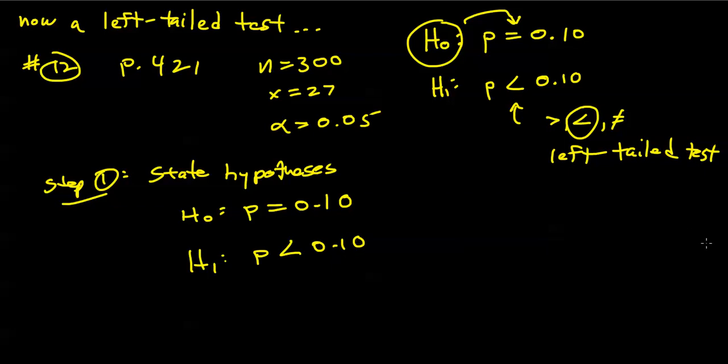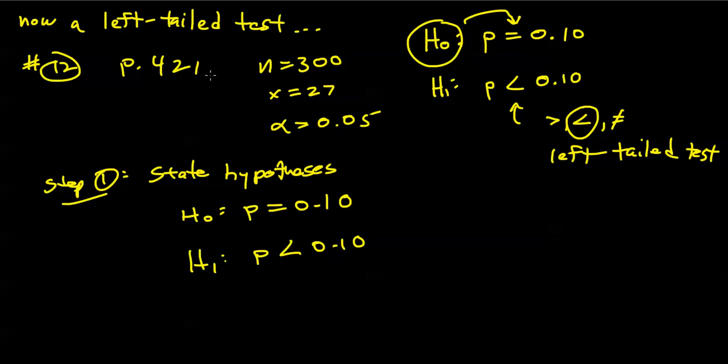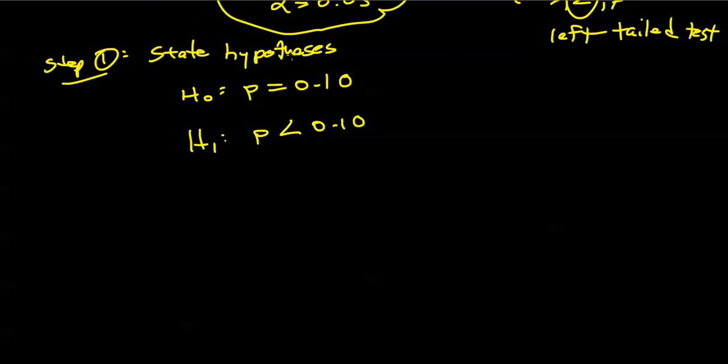Step 2 now. We want to compute the p-value. Our p-value is based on our sample data. So I'm going to have to plug these values into my calculator and grind out the p-value. So let me write down step 2 here. Compute p-value.